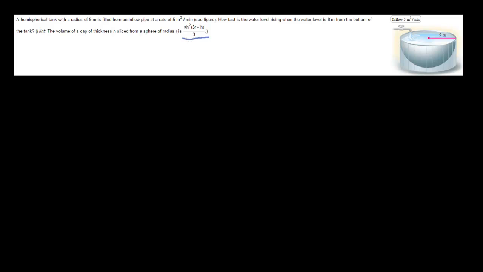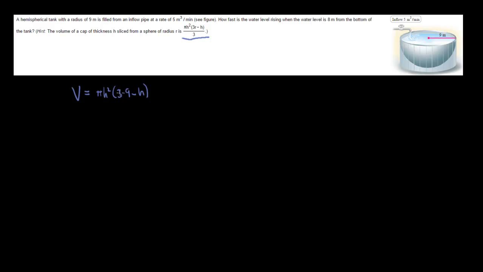So we're given this, so we can say that volume equals pi h squared over 3. Now I'm going to actually put a 9 here because the radius is 9 meters. Notice I did not substitute in for h because h is changing.